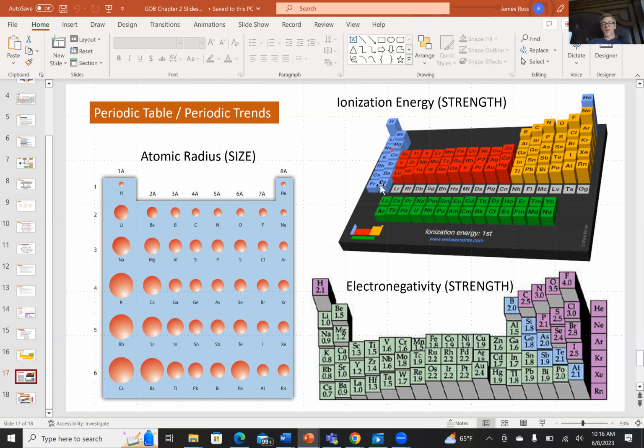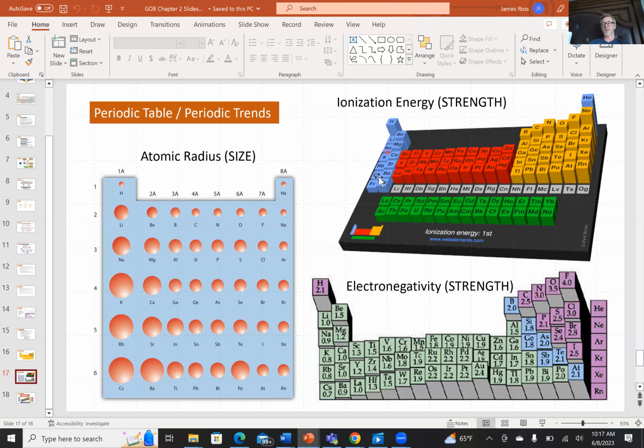As you go down a group, the elements get weaker. As you go down any group, they get weaker. As you go from left to right, they get stronger. Now, here's where we have to be careful. We have to treat the metals and non-metals separately. So I would consider the trends for strength as just the metals and the non-metals separately.